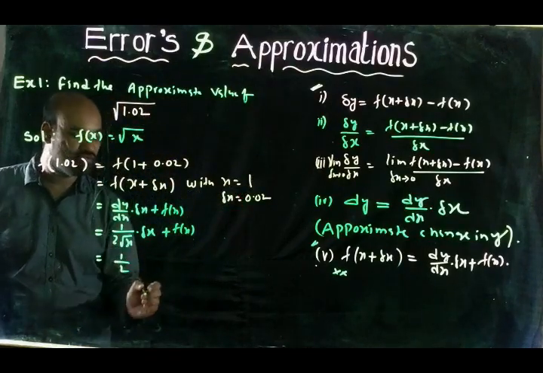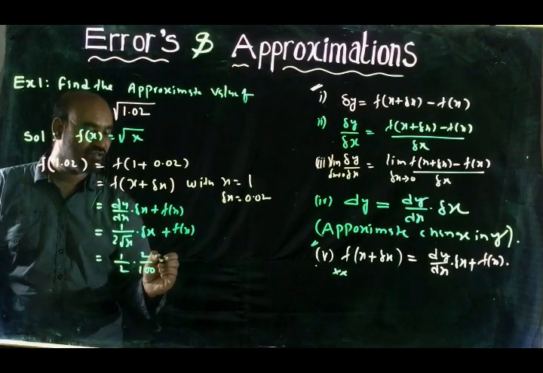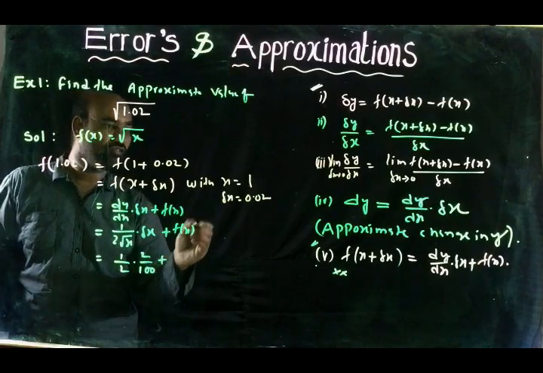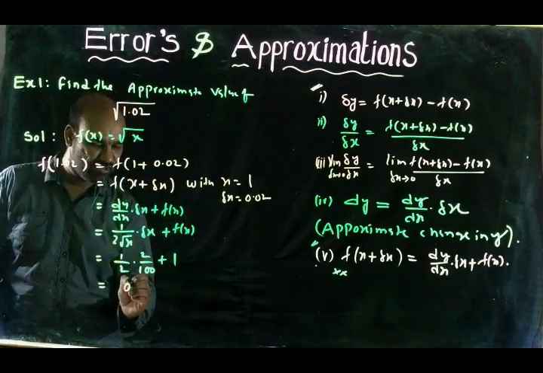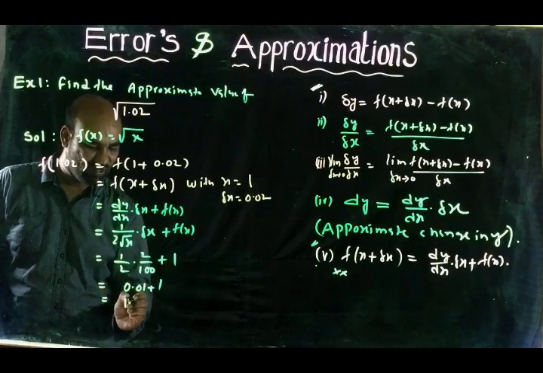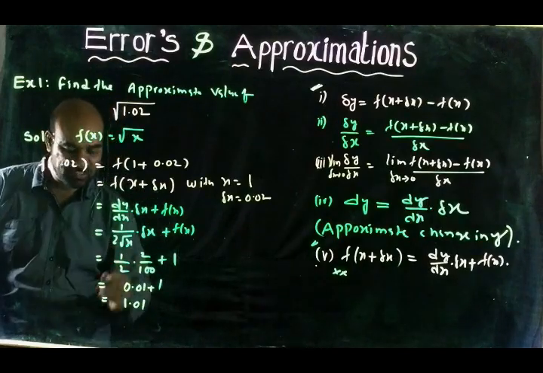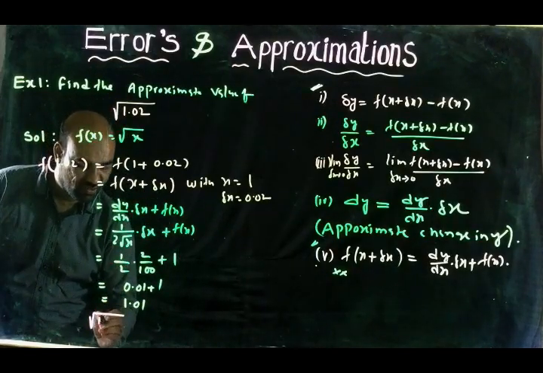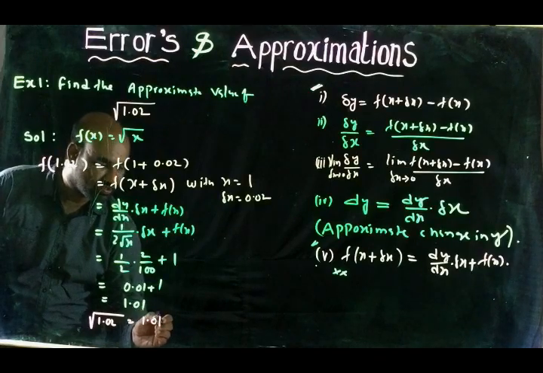So 1 by 2 into 2 by 100, plus f of 1 is 1. This 2 gets cancelled, 0.01 plus 1. So finally what I got? 1.01. Final result, approximate value of root over 1.02 equal to 1.01.